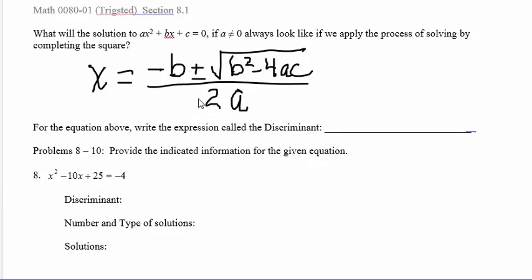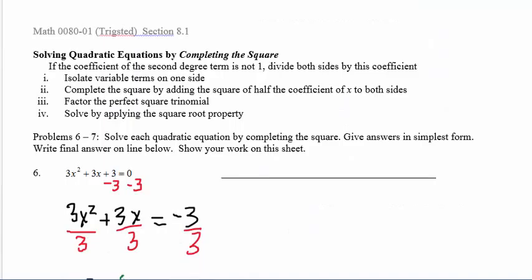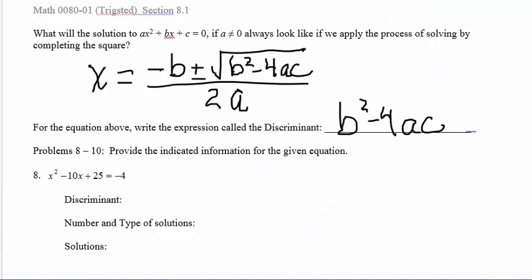Now we call the expression that is the radicand, that's the expression underneath the radical, b squared minus 4ac. That's called the discriminant. And we can find the number and type of solutions just by looking at the discriminant. And let's talk about that.